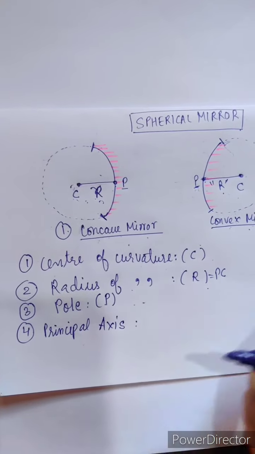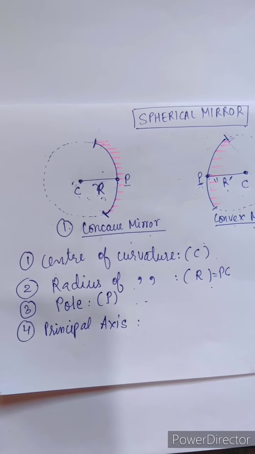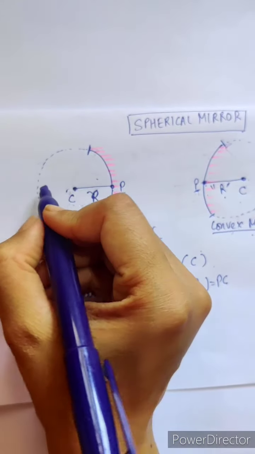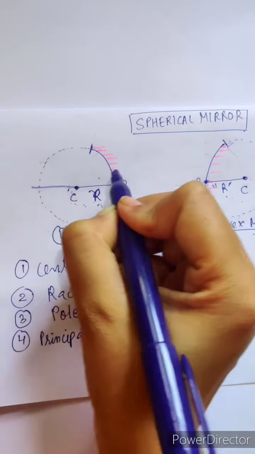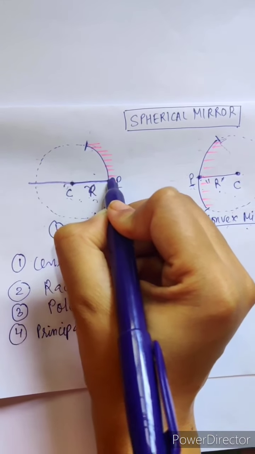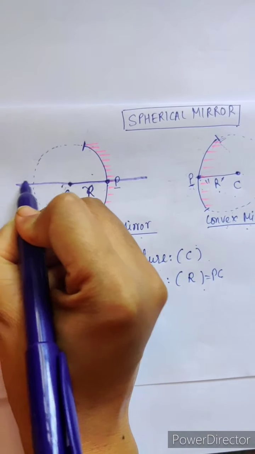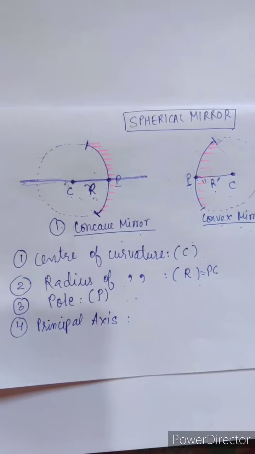Now the next term that we are going to see is principal axis. The principal axis of a spherical mirror is a straight line that passes through the center of curvature, then through the pole, and this line is produced on both sides. So this line which is produced here is known as the principal axis.